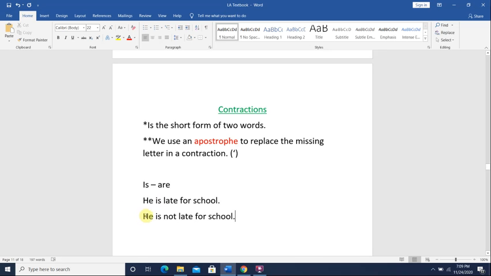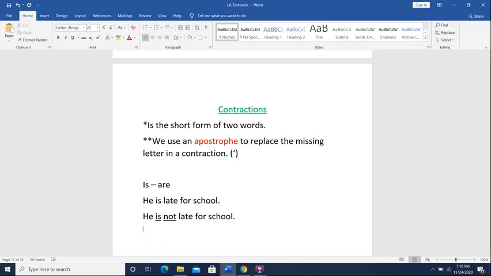Okay, here we have is and we have not. So here the contraction is to make a short form of two words, the verb is and the word not. Okay, so how can I join or make is and not together? I will show you now.